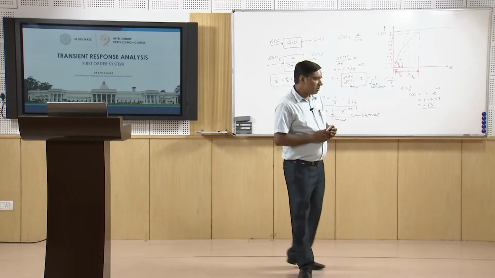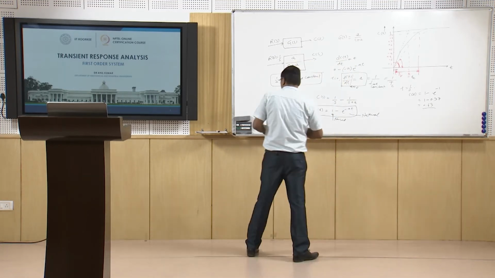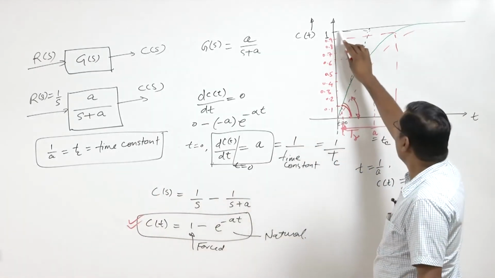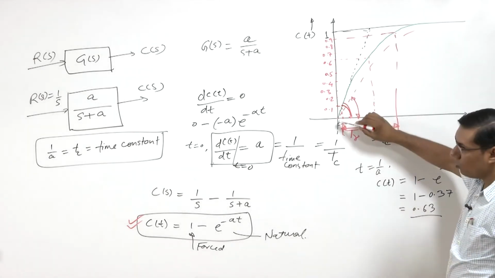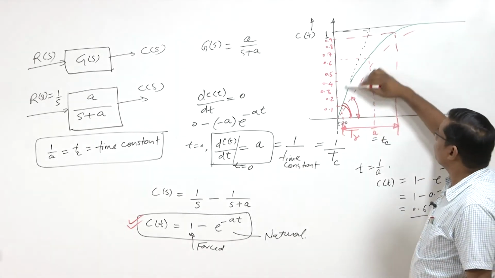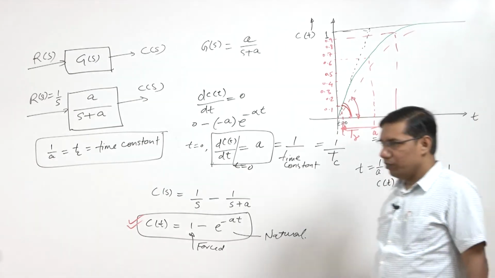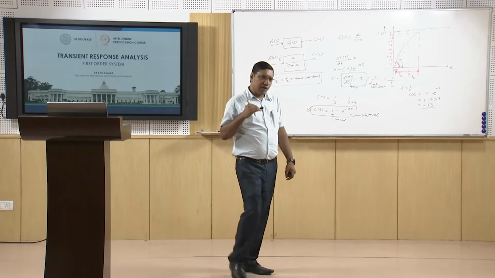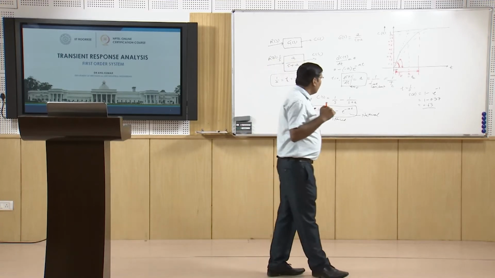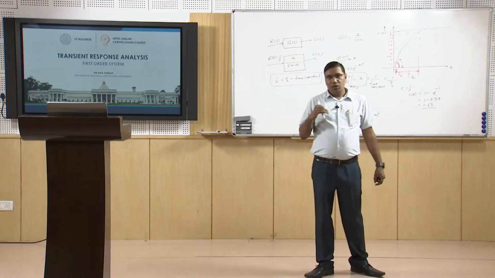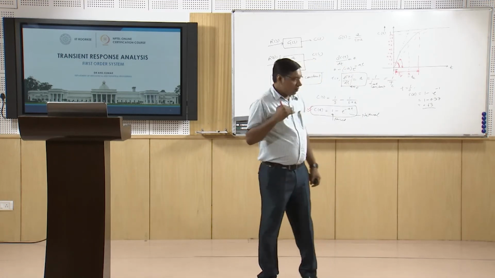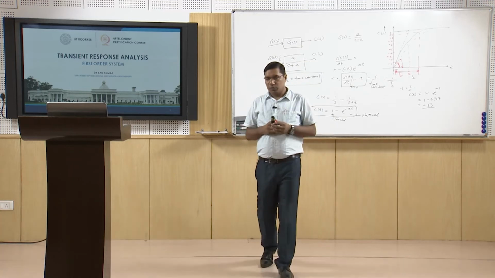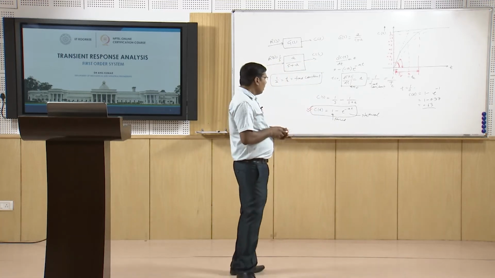So the first order system is also characterized by the absence of overshoot. The response doesn't go above this final value. It is always below this final value or steady state value. So the first order system is characterized by the absence of overshoot in the response.